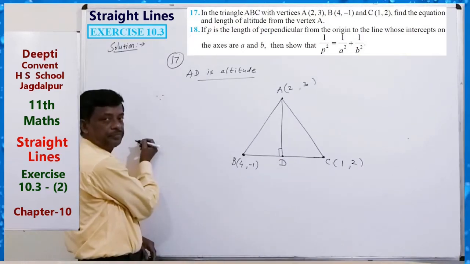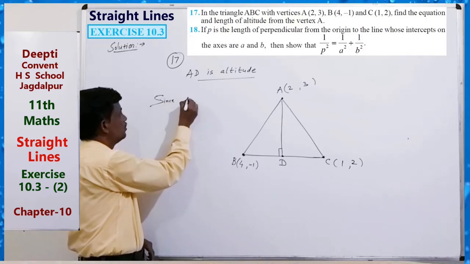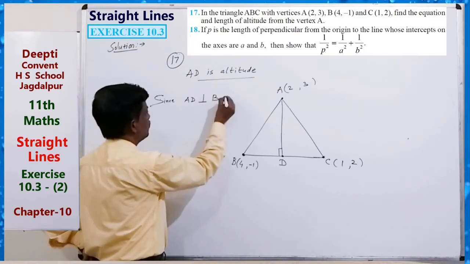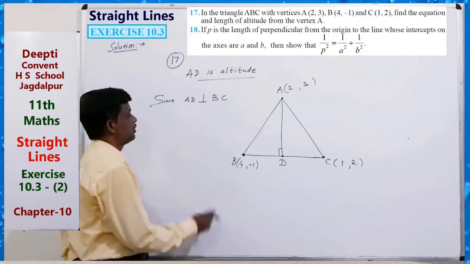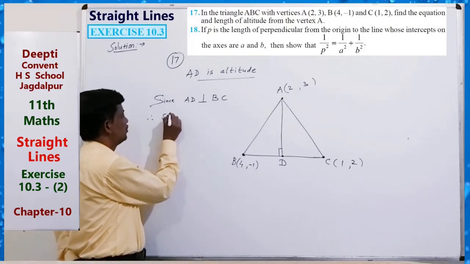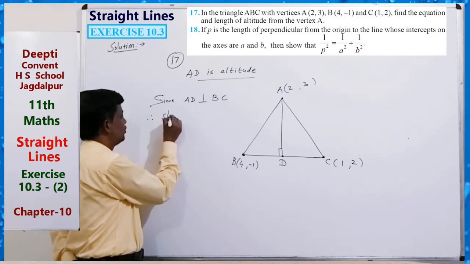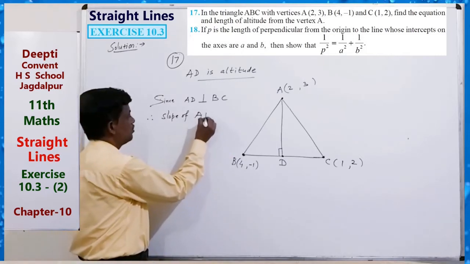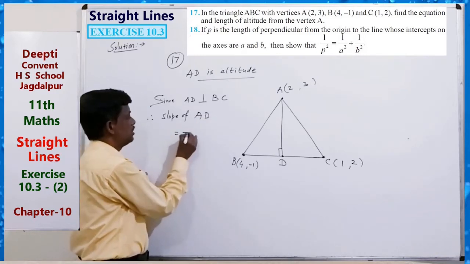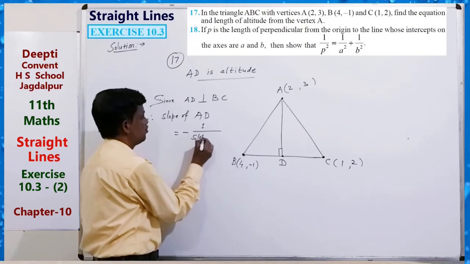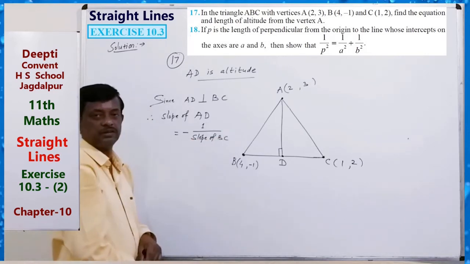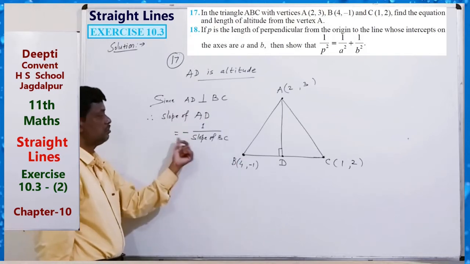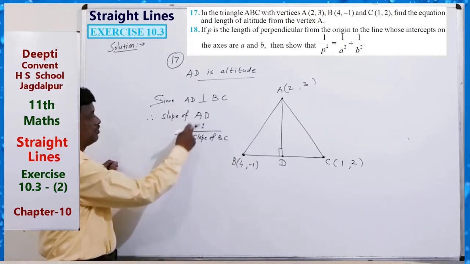Since AD is perpendicular to BC, therefore the slope of AD is equal to minus 1 upon the slope of BC. So, slope of AD, this.